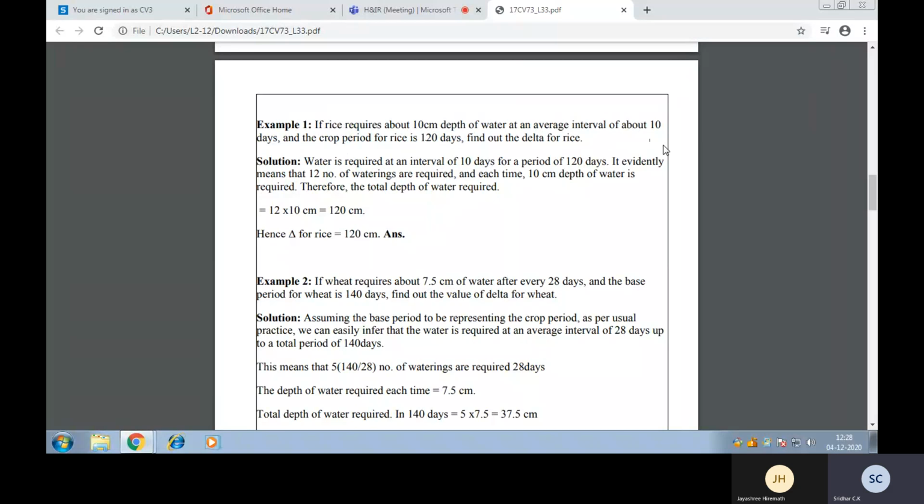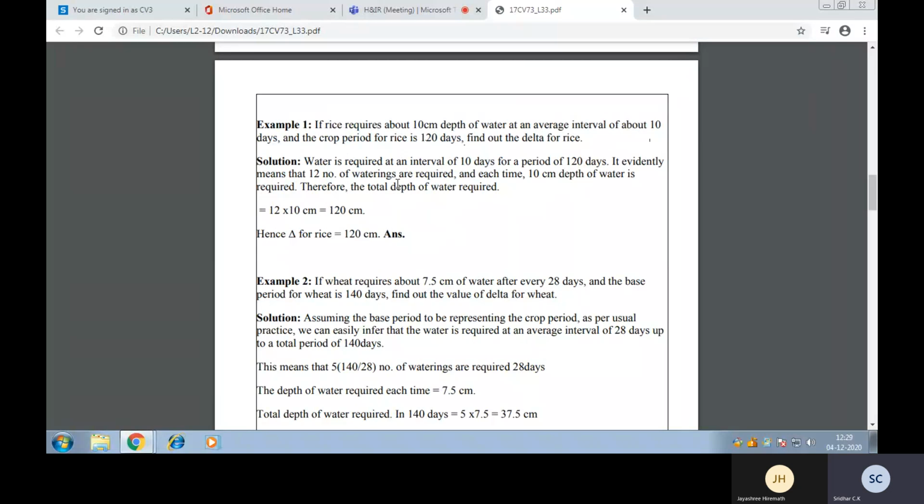So it's very simple calculations involved here. Water is required at an interval of 10 days for 120 days. So 120 by 10 means 12. Every 10 days we need 10 centimeters depth of water over a period of 120 days.